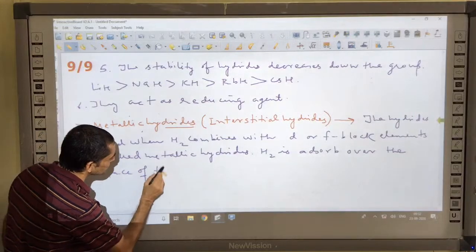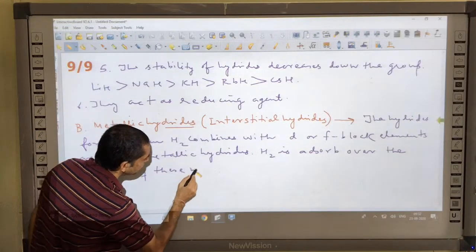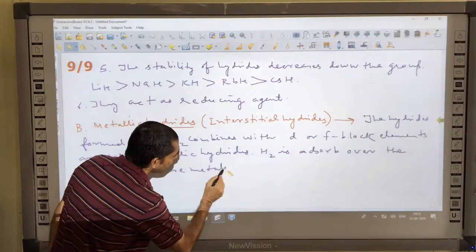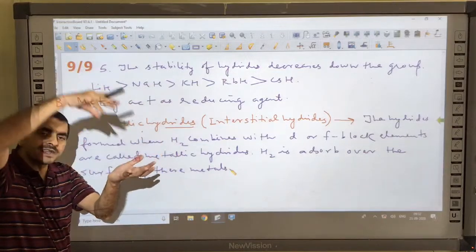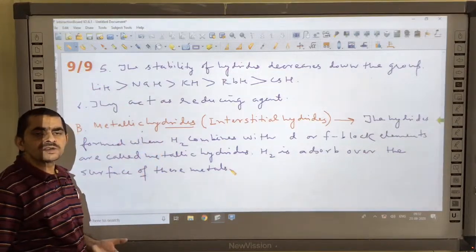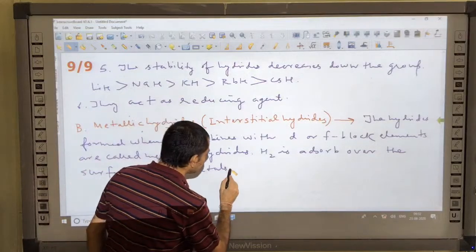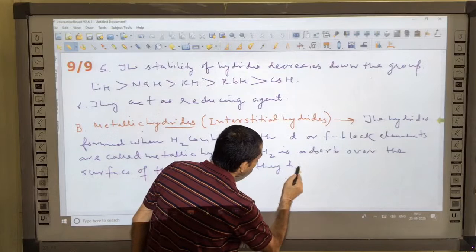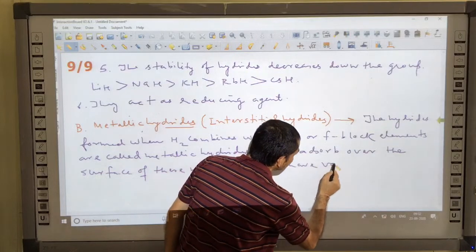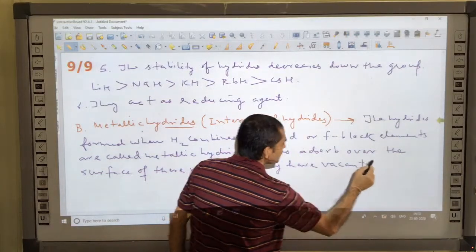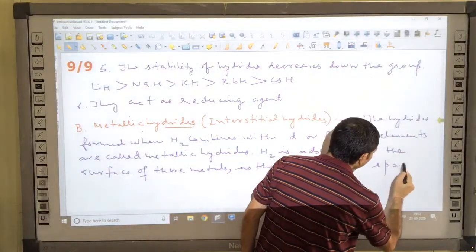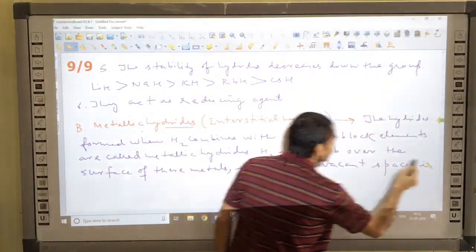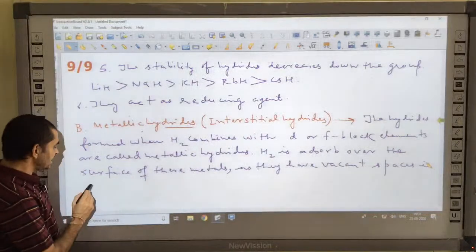Of these metals, hydrogen is absorbed; it gets deposited over the surface of these metals as they have vacant spaces or interstitials in them.